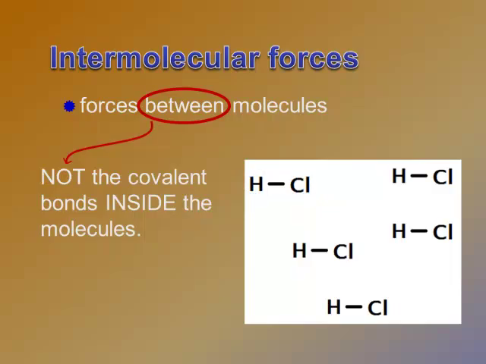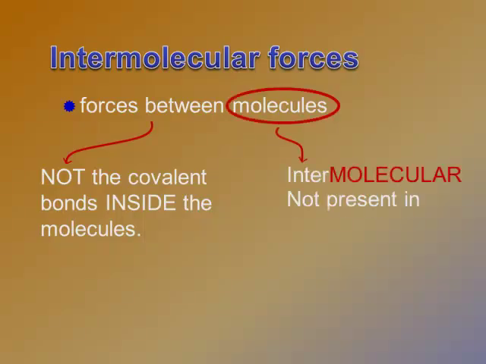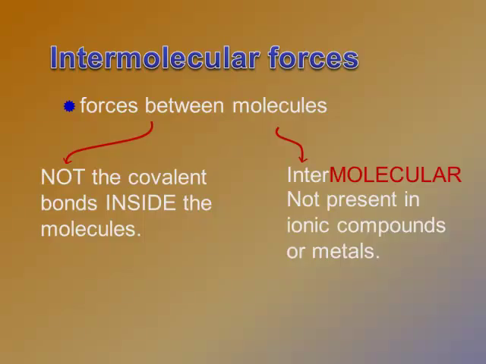We're looking at forces of attraction between molecules, a force between one whole molecule and another, not the bonds inside each molecule. Also, these are molecular forces, so they do not exist in ionic compounds or metals.